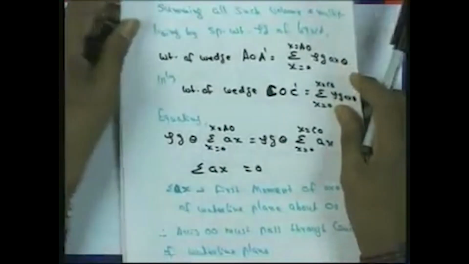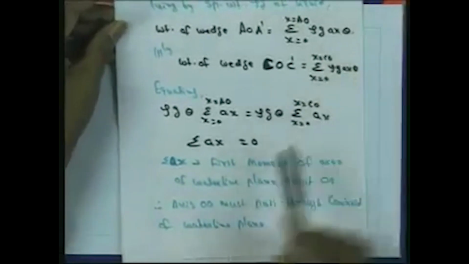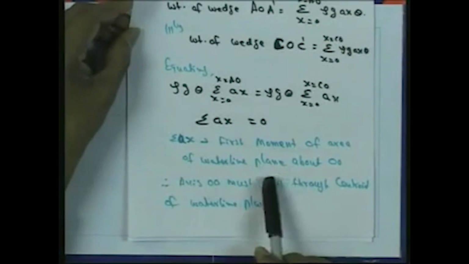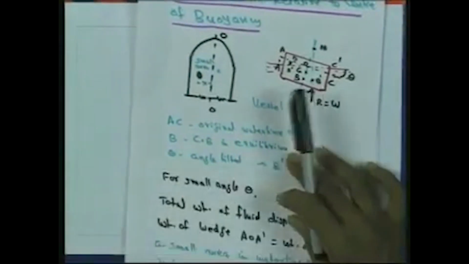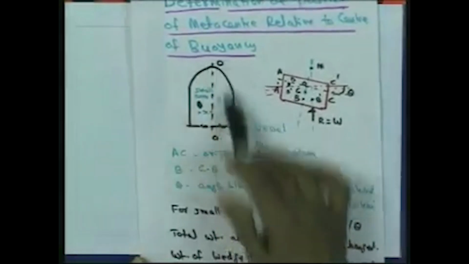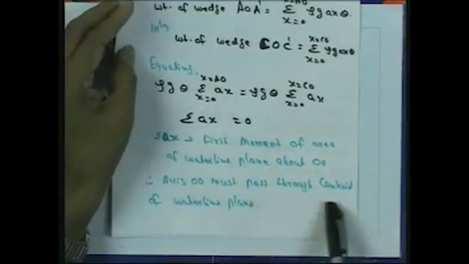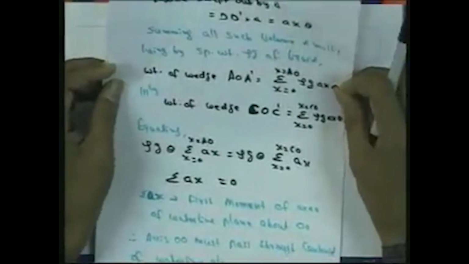Now we can see that sigma Ax is the first moment of area of the waterline plane about the center line O. So we can say that axis O must always pass through the center of the waterline plane.